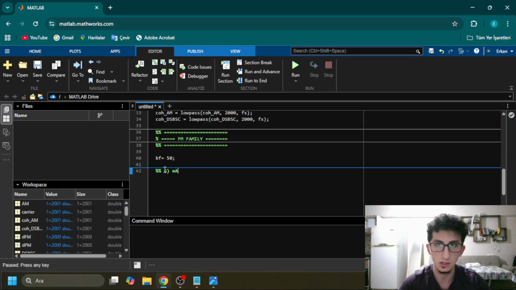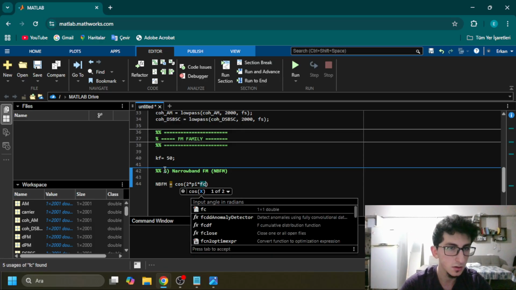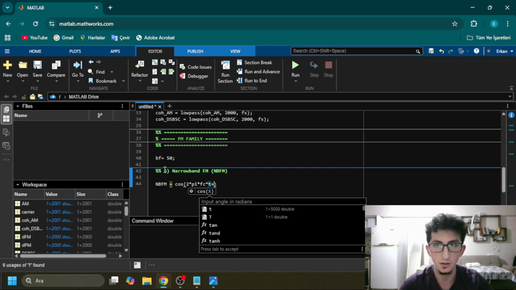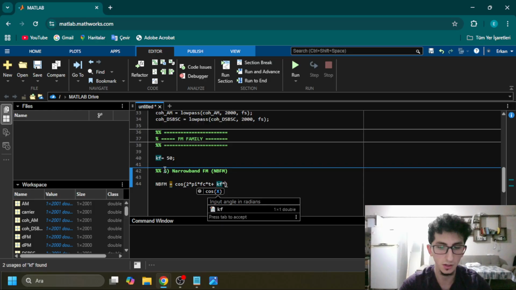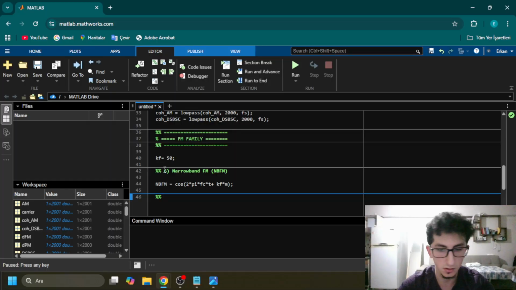I'm gonna continue with 6 to remember where I was. Narrow band FM, NBFM narrow band it's equal to, so NBFM equals to cosine 2 pi fc t plus kf times message signal, and we're gonna continue with the next one, and next one is gonna be 7.